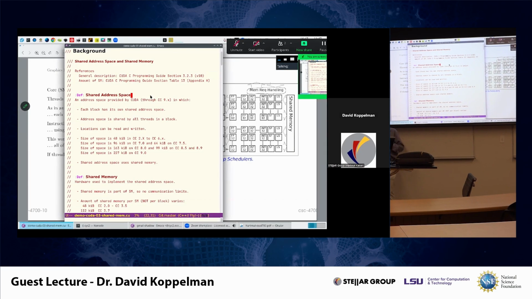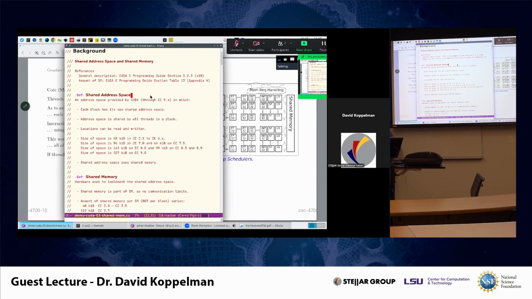But it's not perfect. And remember how I said that it might look like there's more memory on the GPU, but actually, if you compare it in terms of how much floating point there is, it's a lot less. So the methods used to decide what gets replaced from the cache when you bring something new in might not work for you. The typical method is least recently used, which is fairly effective, but it sometimes will evict data that you need.